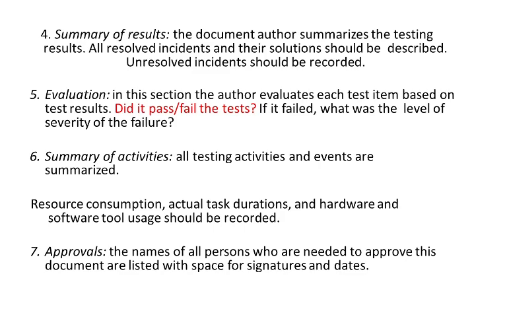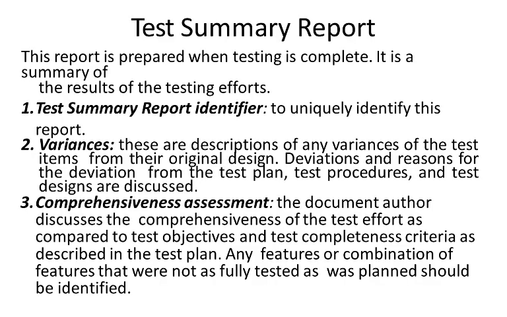Then evaluation: did it pass or fail the test? A summary of activities: activities and events are summarized. And approval: the names of all persons who need to approve this document are listed with space for signature. This is the test summary report format.